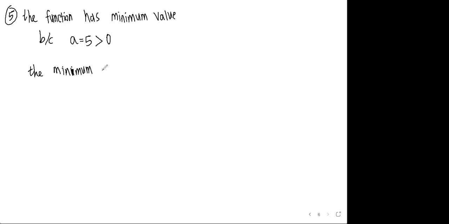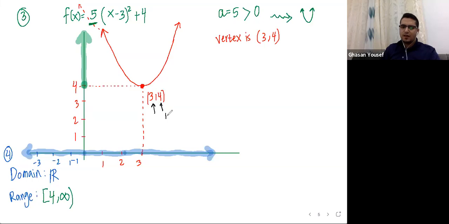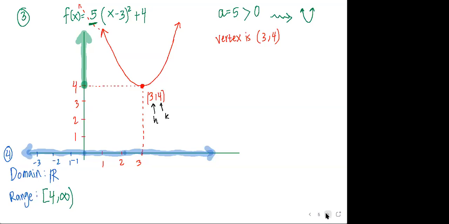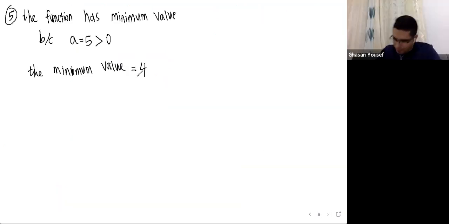I forgot the coordinates. I think it's 4 or 5. It's the vertex. I think it's 4. What is K here? K is 4. This is K, this is h. So 4. Done. This question is done.